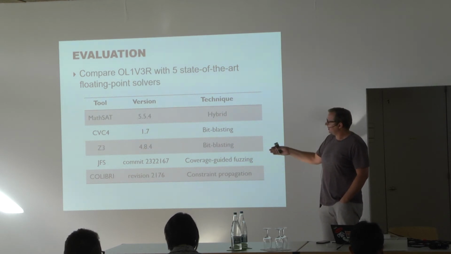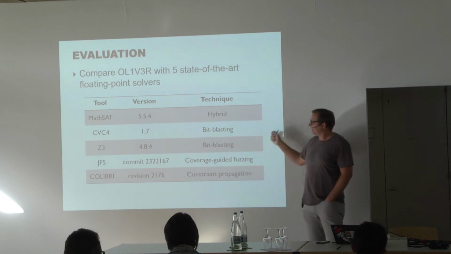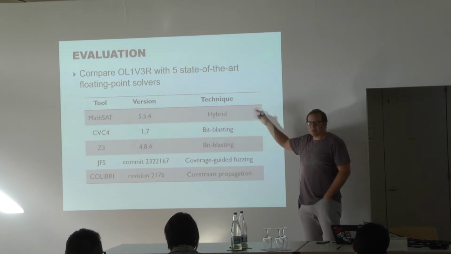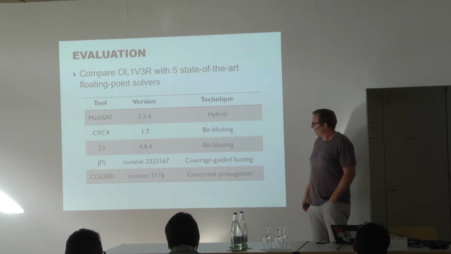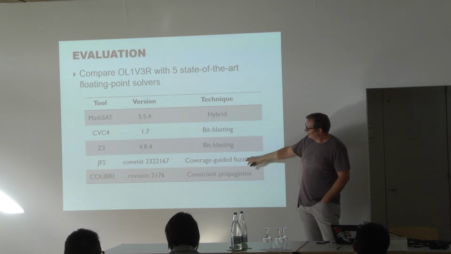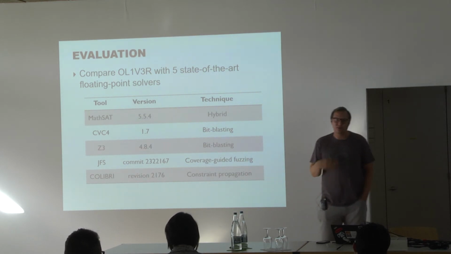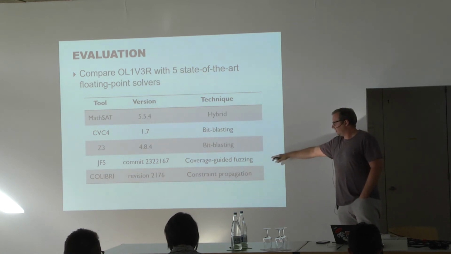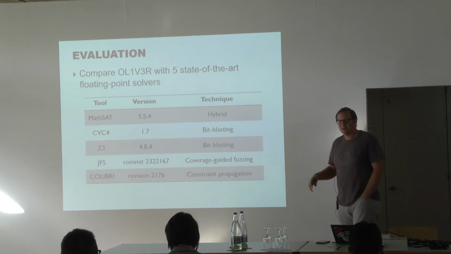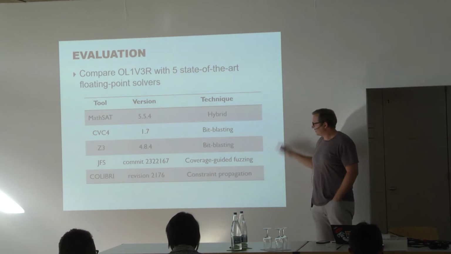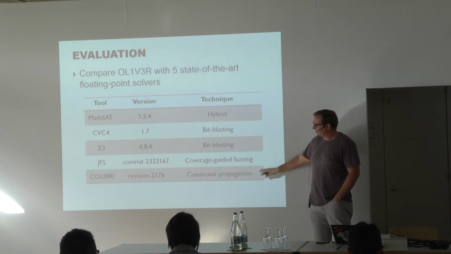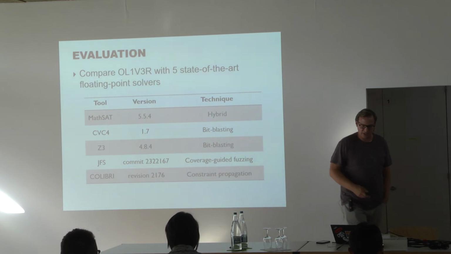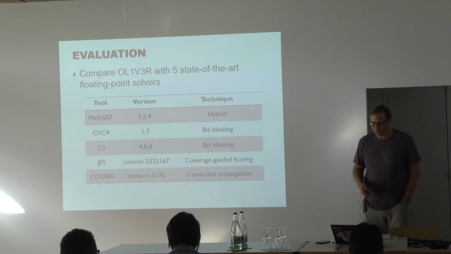There is CVC4 and Z3 that do bit blasting. MathSAT does some kind of hybrid solving. And JFS is also based on search. Actually, this tool was done by Ali, who presented yesterday, and some of his students. And Colibri is based on constraint propagation. It's a very recent tool.